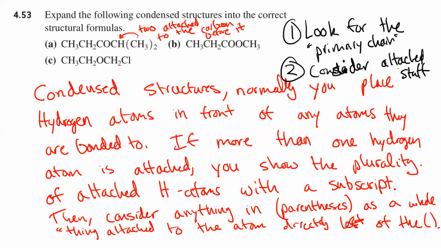So the way to explain that essentially is to say, if you're looking at those questions, then the central chain, for example on A, is carbon, carbon, carbon, oxygen, carbon. That's the central chain. And then these hydrogens are attached to that carbon. These hydrogens are attached to that carbon. This oxygen is bridged between those two carbons. And then you've got this hydrogen attached to the last carbon along with two CH3 things attached to that carbon as well.